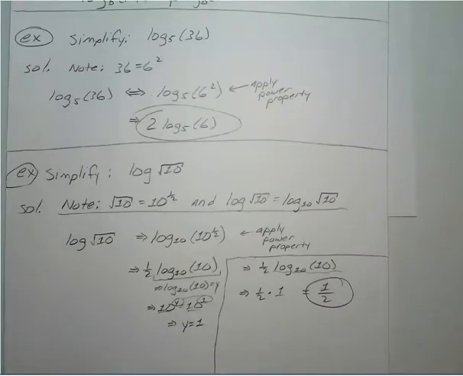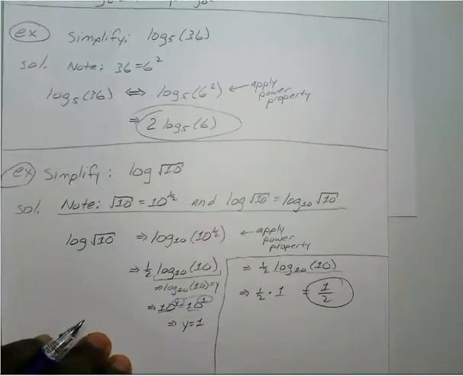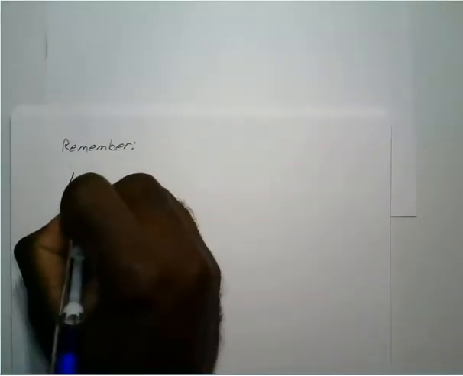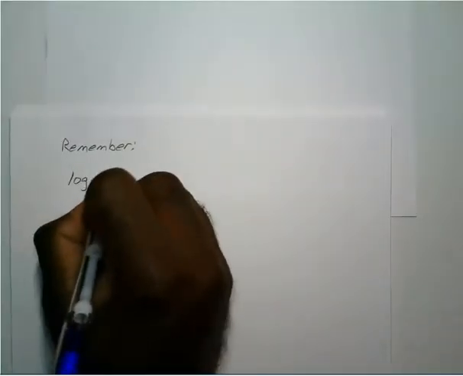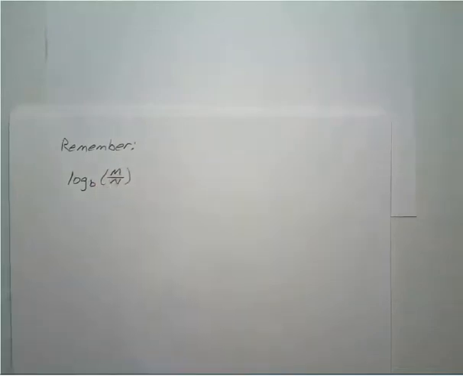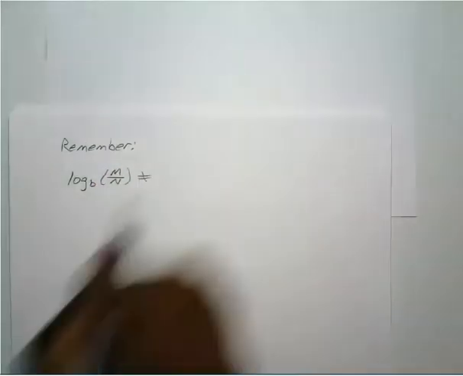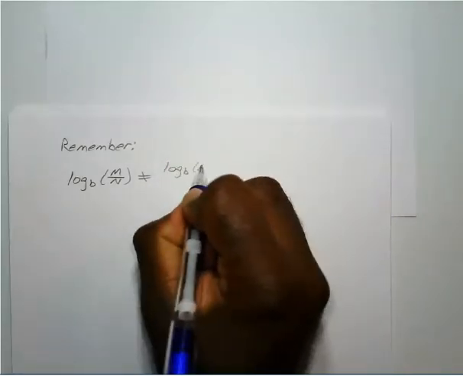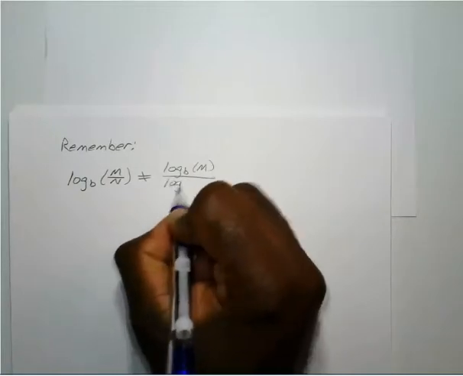Okay, so there are two key points I want you to remember, because these are probably the easiest mistakes to make when dealing with properties of logarithms. Okay, so the first thing you want to remember is that log base b of m divided by n does not equal log base b of m over log base b of n.